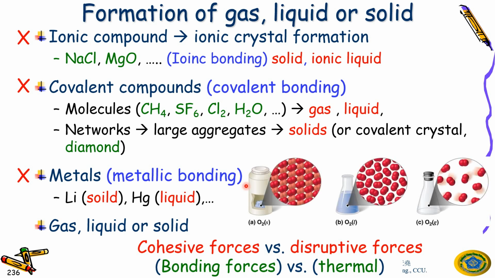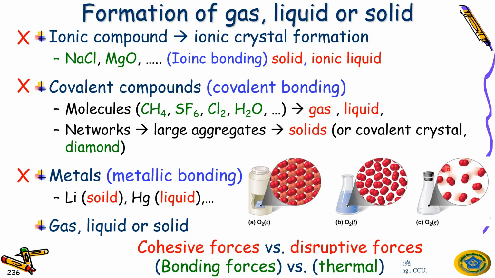How? Take a look at this. If we want to put these O2 molecules together closely, that means this interaction needs to be strong, right? So they can be closer and closer.